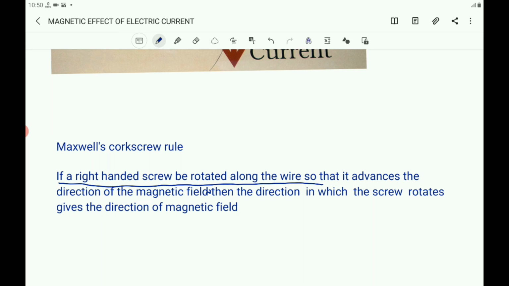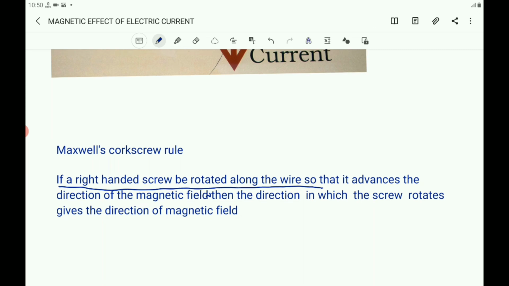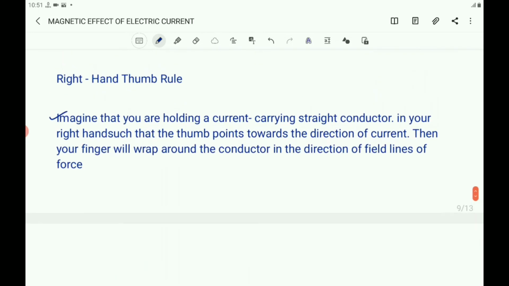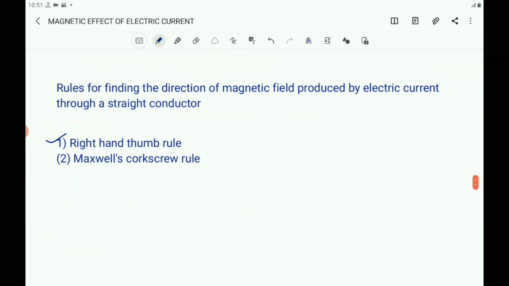So the right hand thumb rule and Maxwell's corkscrew rule are one and the same.